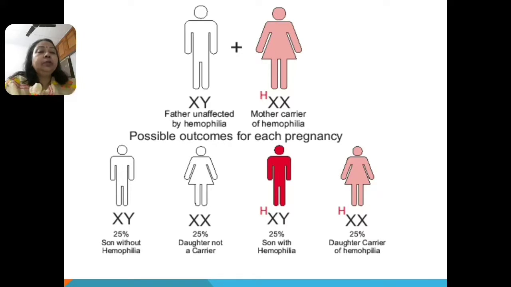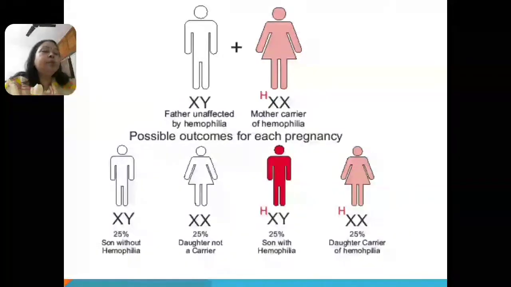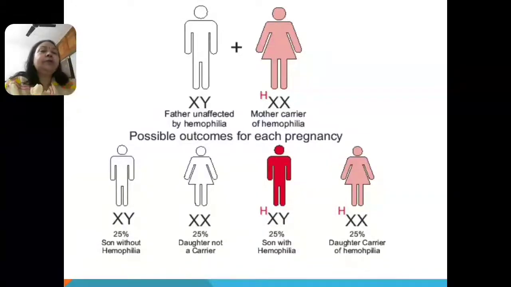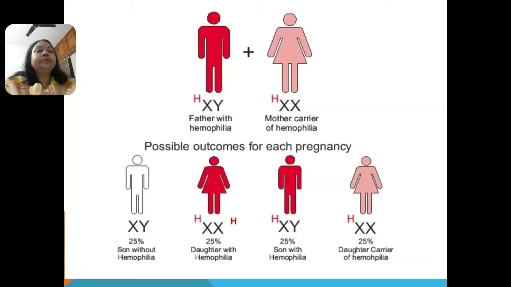Here you see son without hemophilia, 25% chances. Daughter not a carrier, totally healthy, 25%. But 25% of sons will be hemophilic and 25% of daughters will be carriers.